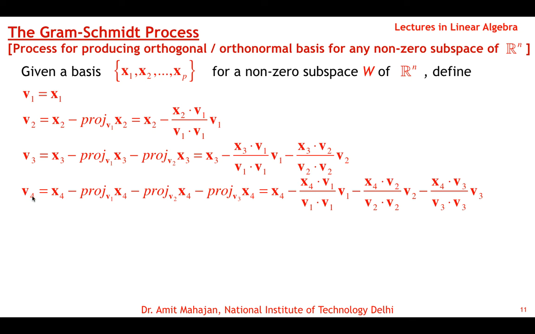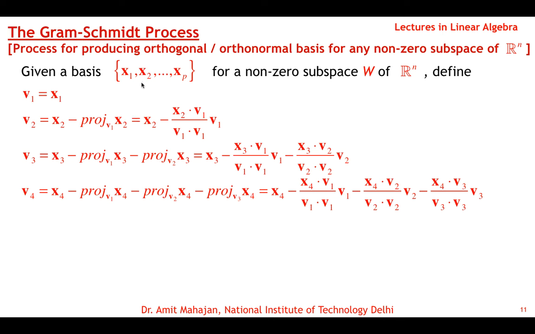So v4 is x4 minus the projection of x4 on v1 minus the projection of x4 on v2 minus the projection of x4 on v3, and we know the formulas for these projections. The projection of x4 on v3 is x4 dot v3 divided by v3 dot v3 times v3. Similarly, the projection of x4 on v2 is x4 dot v2 divided by v2 dot v2 times v2, and the projection of x4 on v1 is x4 dot v1 divided by v1 dot v1 times v1, and so on.